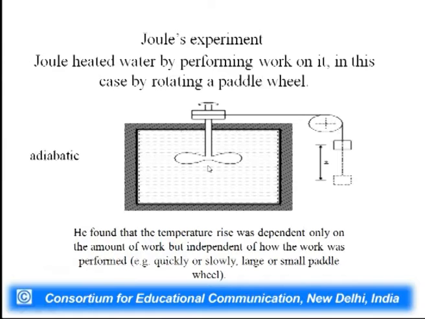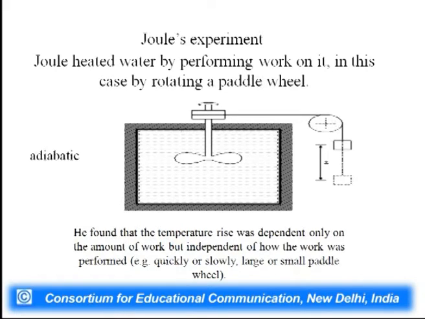what he observed is that the rise in temperature is always equal if z is the same. So, what he found is that the temperature rise was dependent only on the amount of work, but independent of how the work was performed.